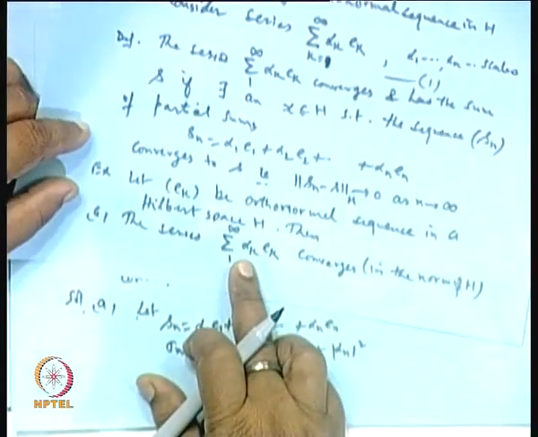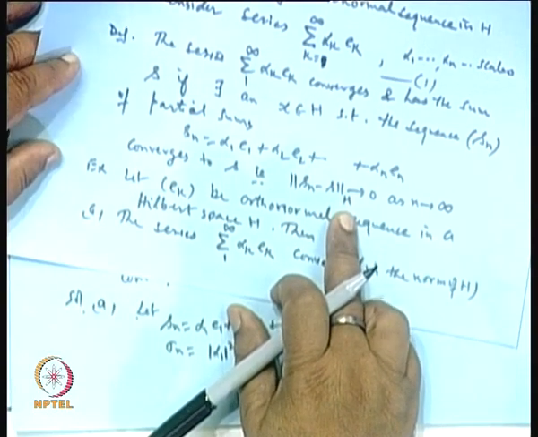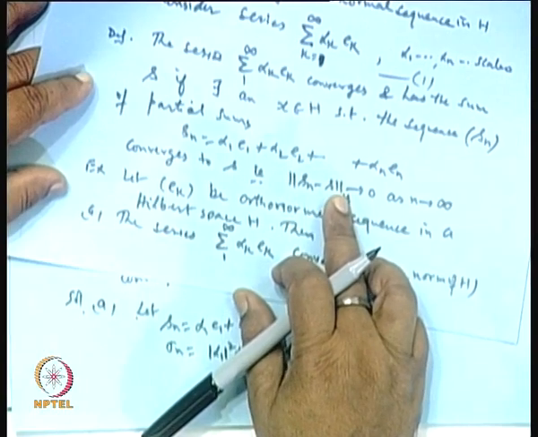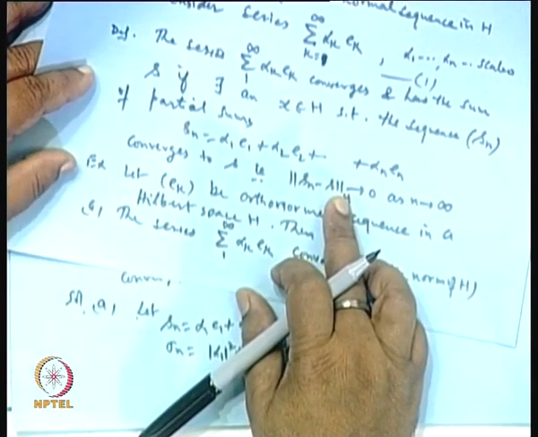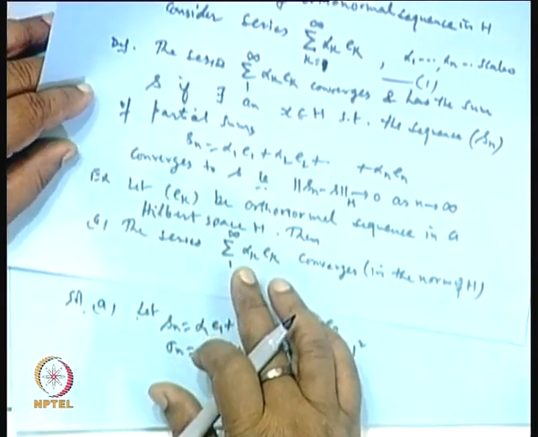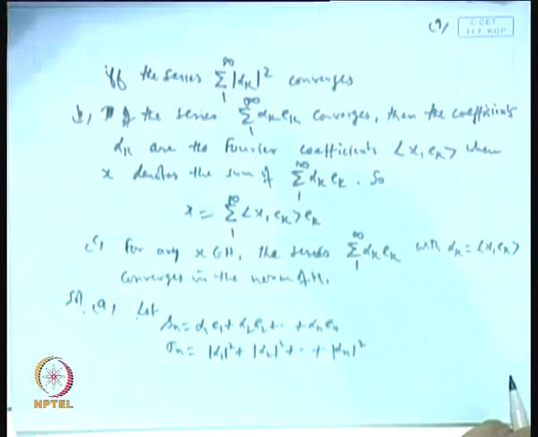It means the sequence of partial sums minus S goes to 0 as n tends to infinity, or you can say S_n minus S_m goes to 0 when n, m go to infinity, so it becomes Cauchy. And if it is Cauchy in alpha_k, then it is okay, because a Cauchy sequence of real or complex numbers is always convergent.